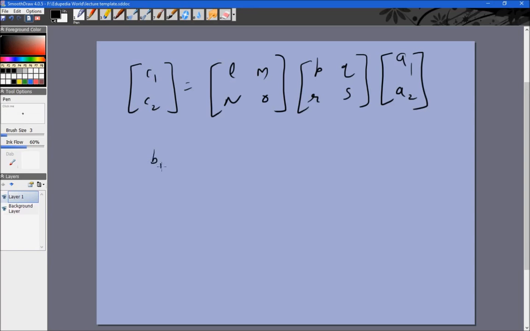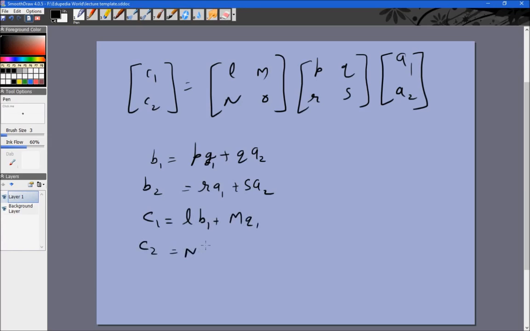You already know B1 is equal to PA1 plus QA2, and you know B2 is equal to RA1 plus SA2, and you know C1 is equal to LB1 plus MB2, and C2 is equal to NB1 plus OB2.